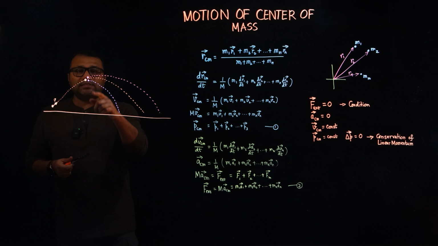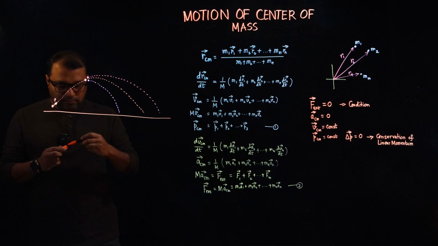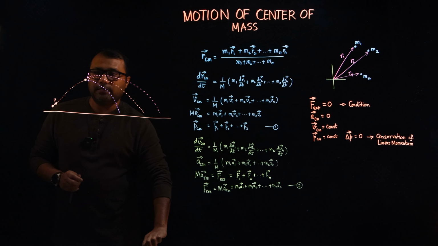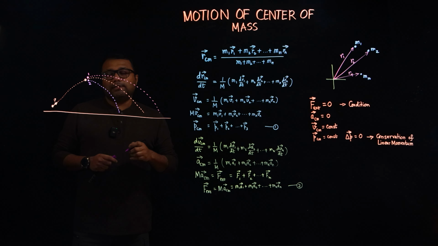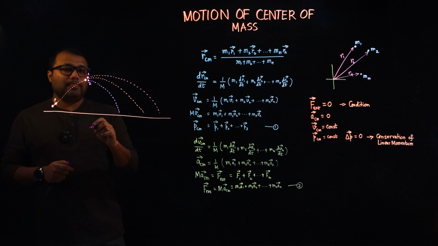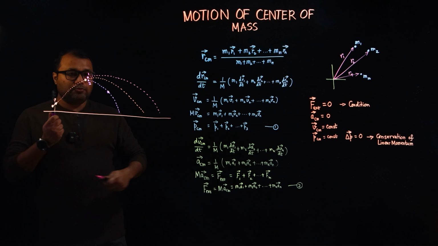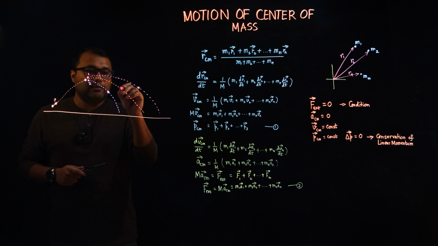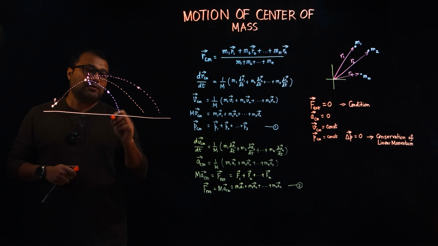If such is the case, then the center of mass of those two particles, particle 1 and particle 2, if you find it at any point, let's say we are here, and those two particles are somewhere here, the original trajectory of the cannonball before breaking down would have been this line.